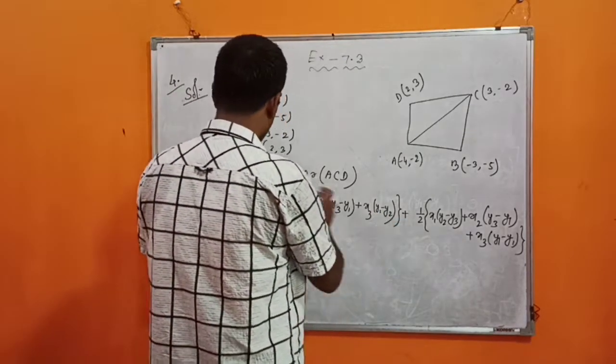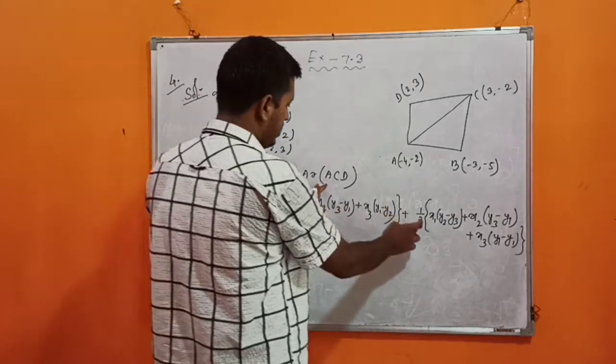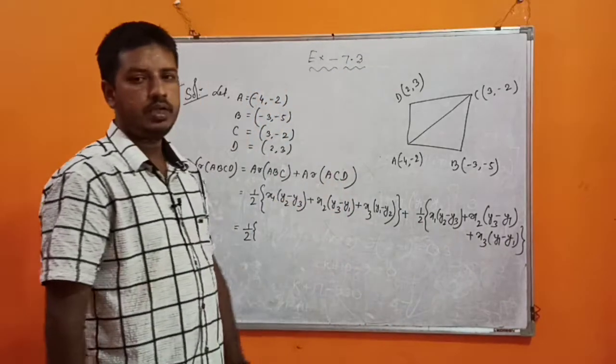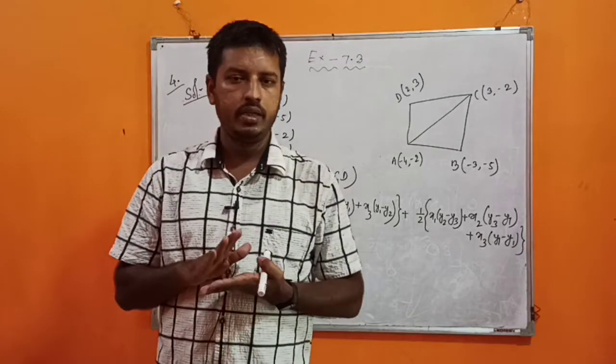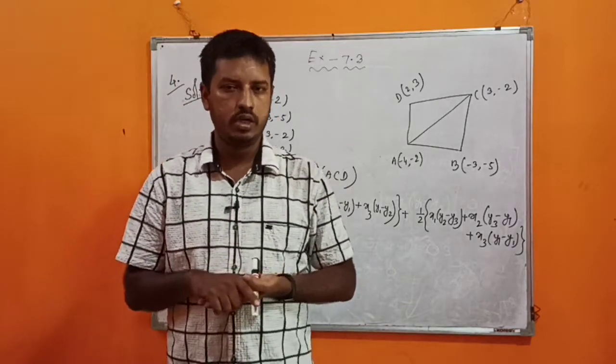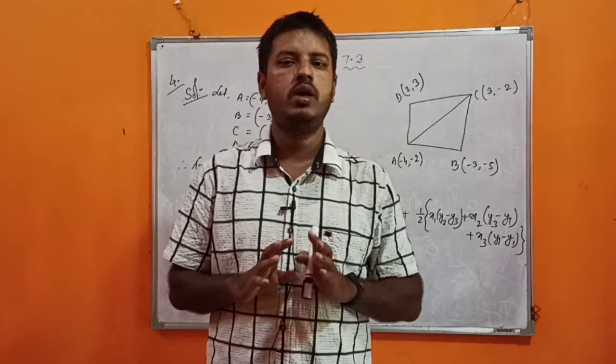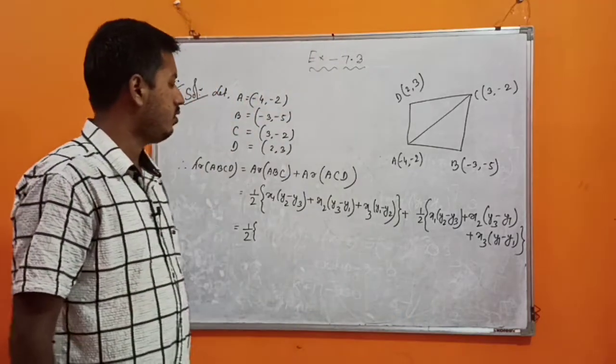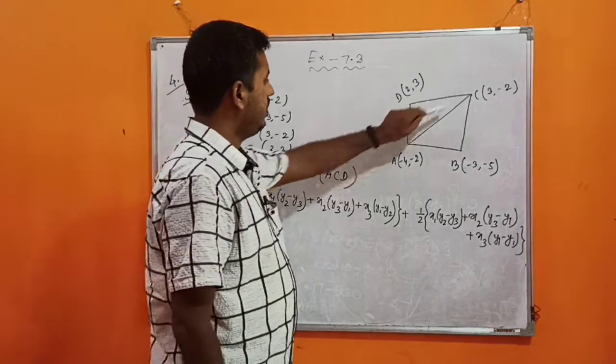This is the formula for ABC, and this is also the formula for ACD. I am repeating the same thing again: to find the area of a quadrilateral in coordinate geometry, we divide it into two triangles by joining any of the diagonals.